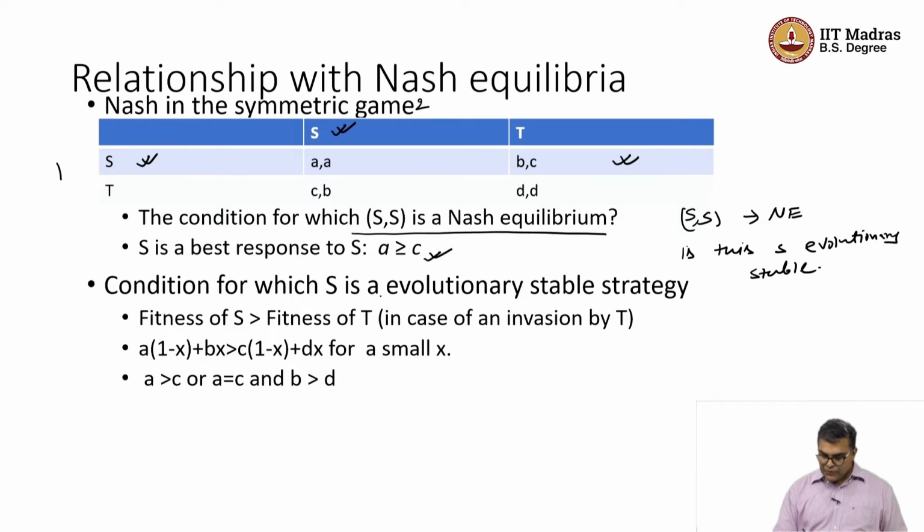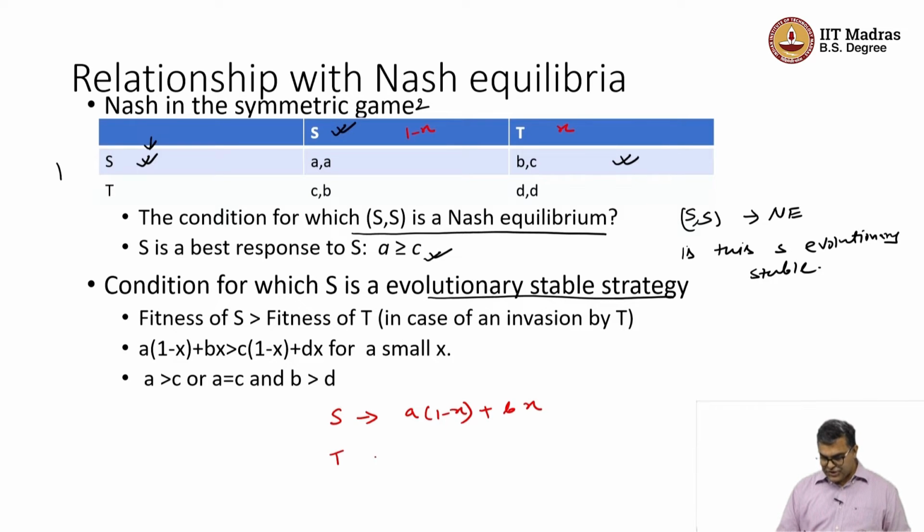And for the condition for which S is evolutionary stable, we have to say that this S gets invaded by T. So, invasion is by T. This is x, this is 1 minus x. How much does S give? S gives A 1 minus x proportion of time plus B x proportion of time.